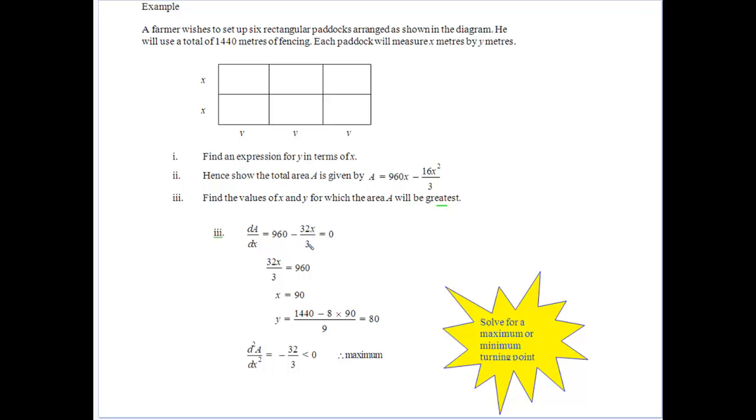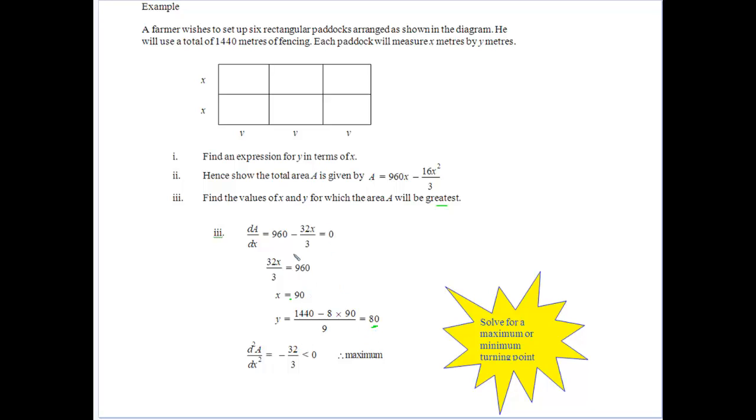So we get our first derivative, 960 minus 32x on 3, and set it equal to 0, like we've normally done, to solve for a maximum or minimum turning point. 32x on 3 gives us 960, so x would equal 90. Then we put that value of x back in the expression we found in part 1 to get y.